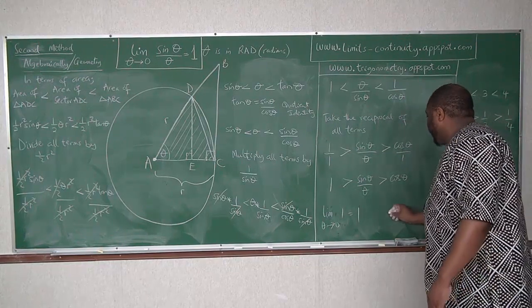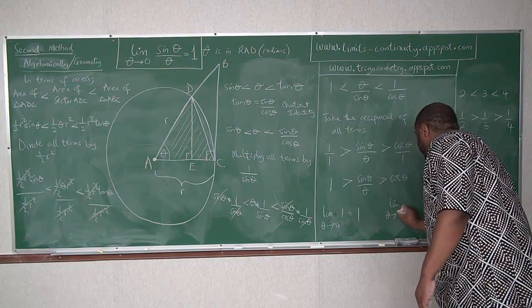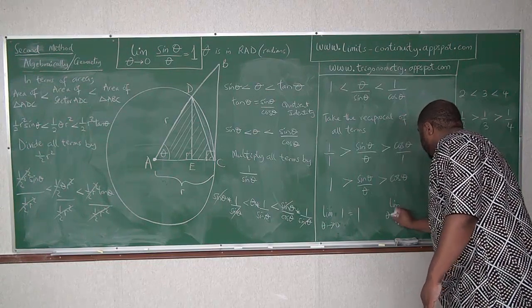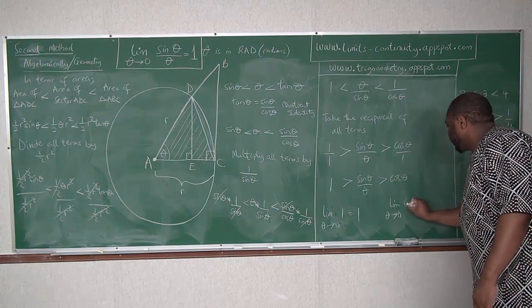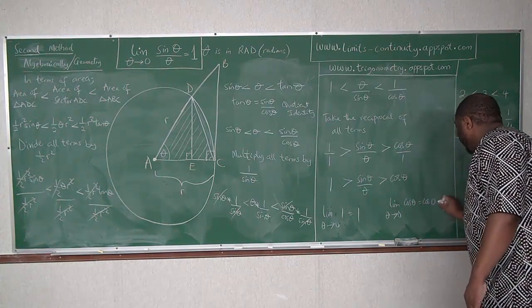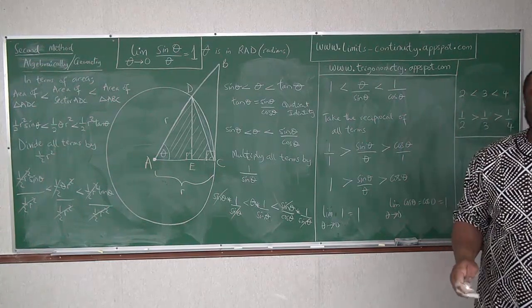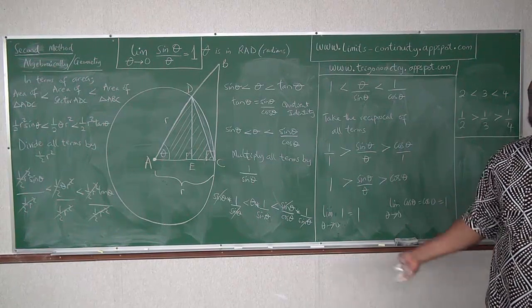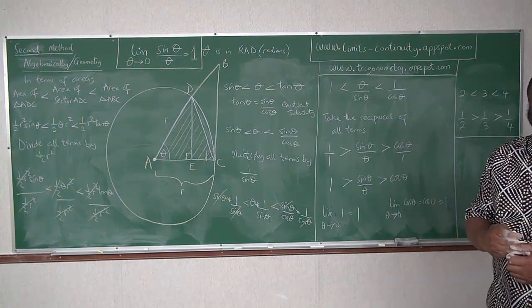Then the limit as theta approaches 0 of cos theta will give us cos 0, and cos 0 is 1. If you do it in your calculator, cos 0 is 1. Now sine 0 is 0, but cos 0 is 1.